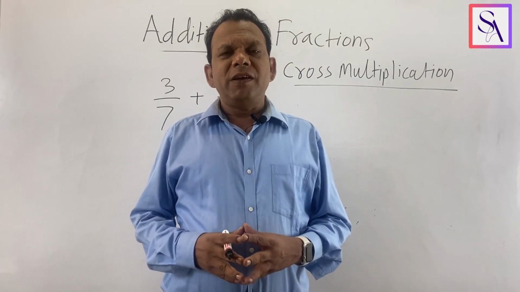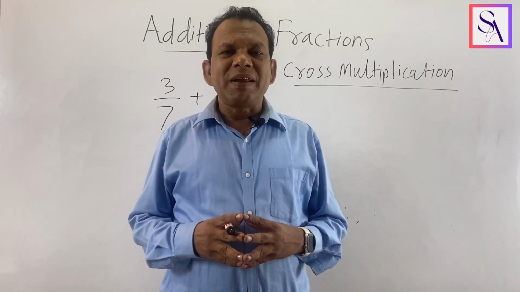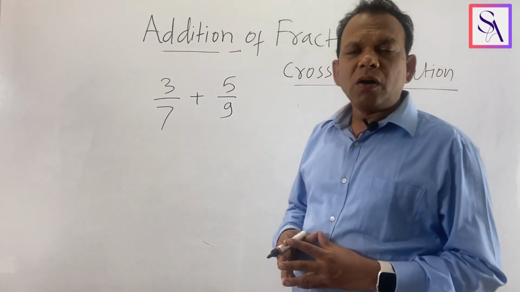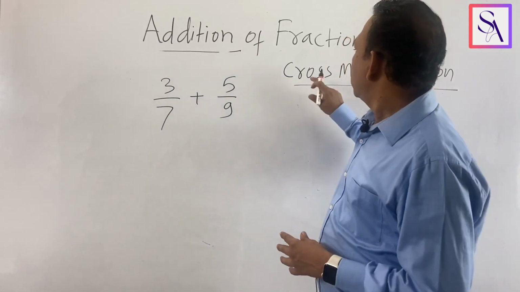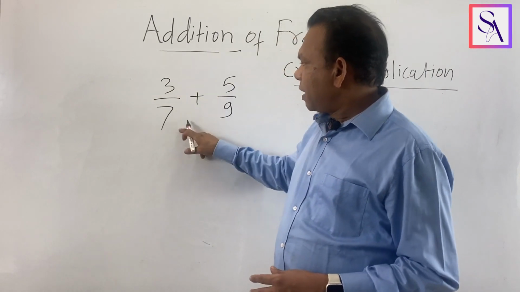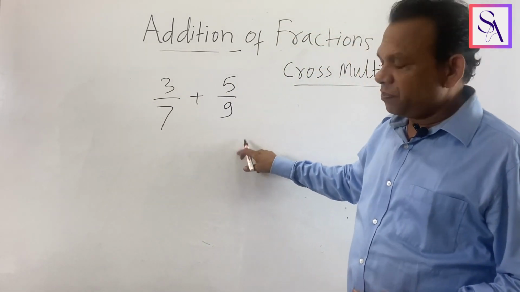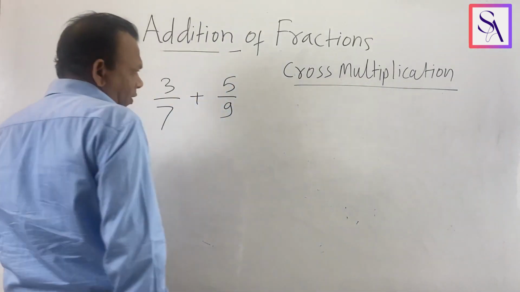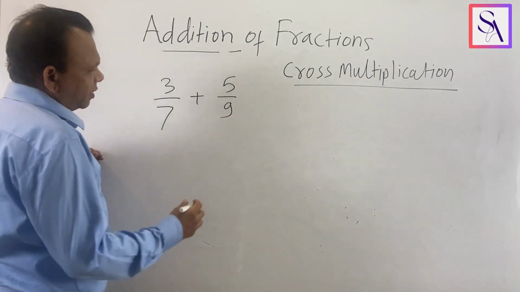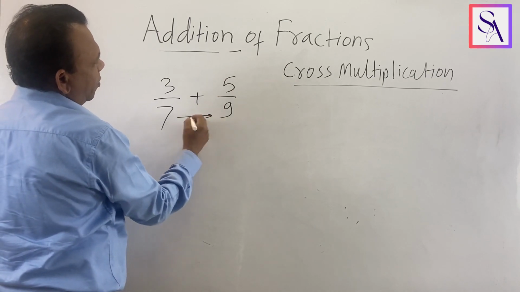Now addition of unlike fractions can also be done by the cross multiplication method. So we'll learn the cross multiplication method. Take an example, 3 by 7 plus 5 by 9. These two are unlike fractions. So in the cross multiplication method, you just have to make the denominator the same.